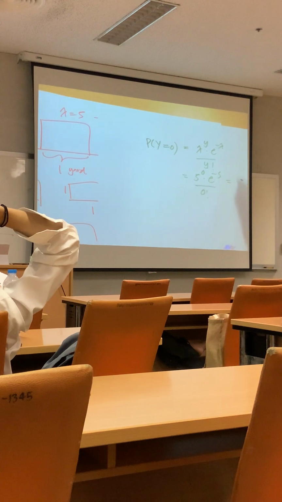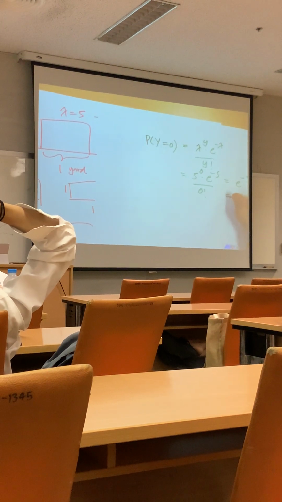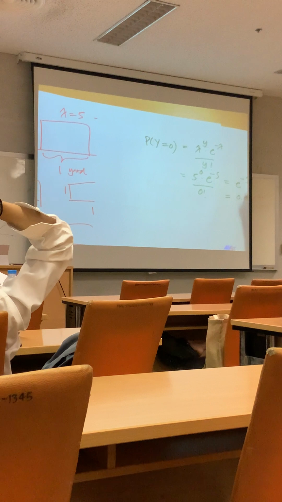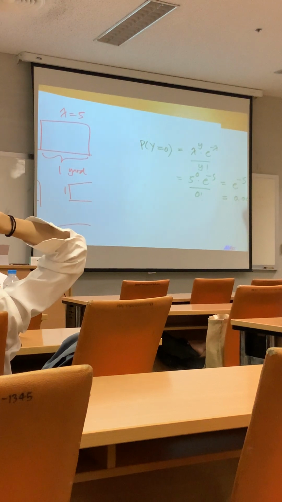That is equal to e to the power of minus 5, which equals 0.0063738.